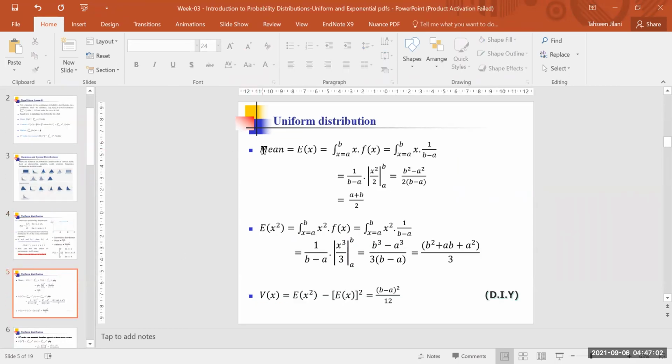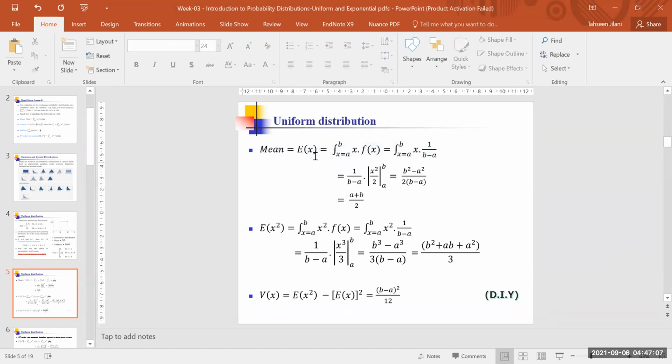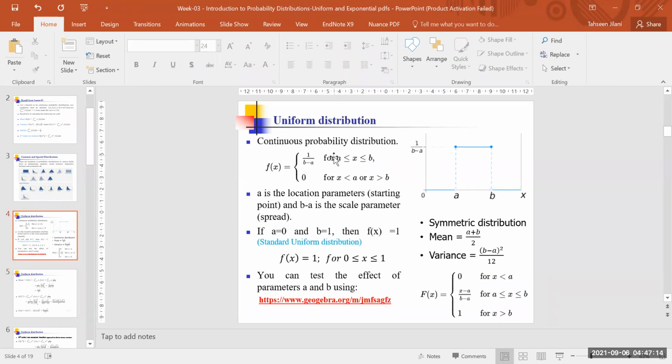Okay, following the concept of mean, we have the expected value of x equals the integral of x from lower limit a to upper limit b. Where are this lower limit and upper limit coming from? It is showing x has lower limit a and upper limit b, and the second line shows the function value is 0 if the value of x is beyond this limit.